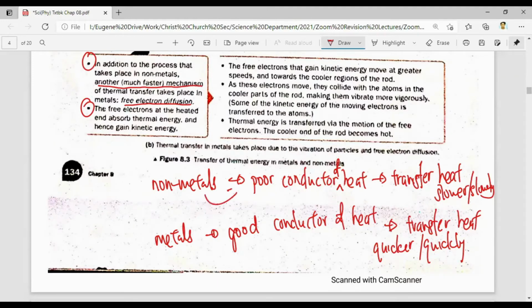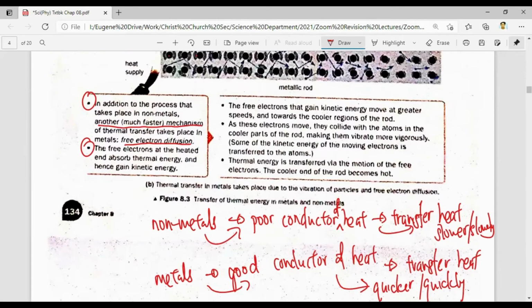This is important because that's how you're required to write answers when you're describing how good a material is when it comes to conduction.